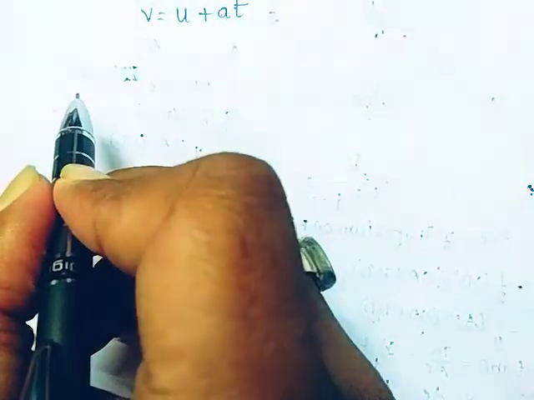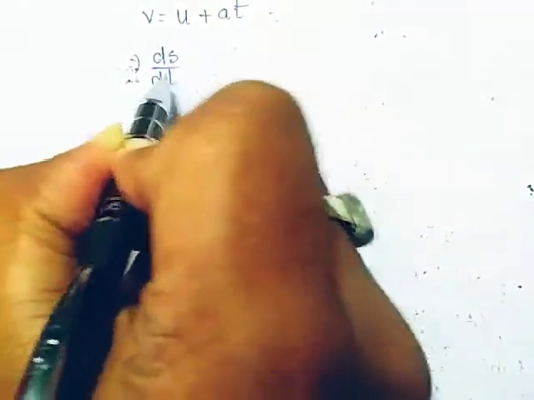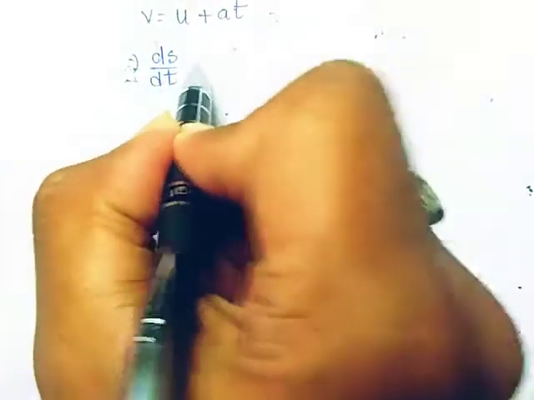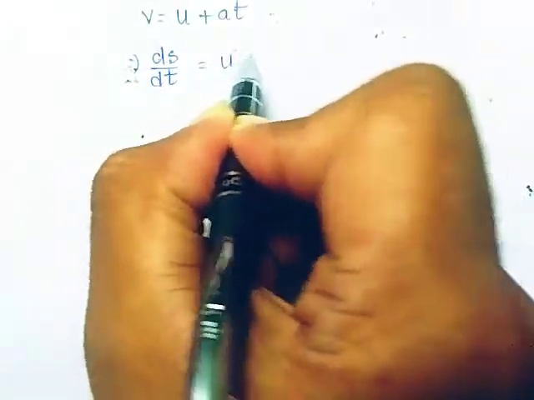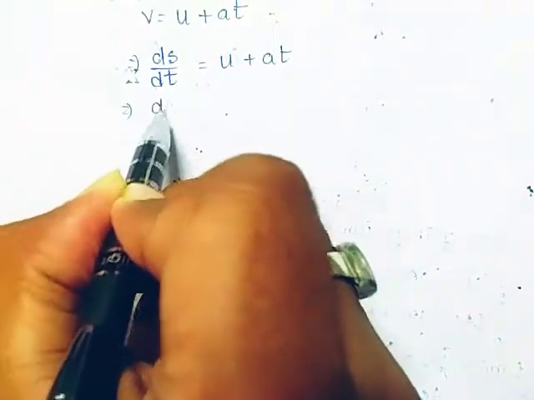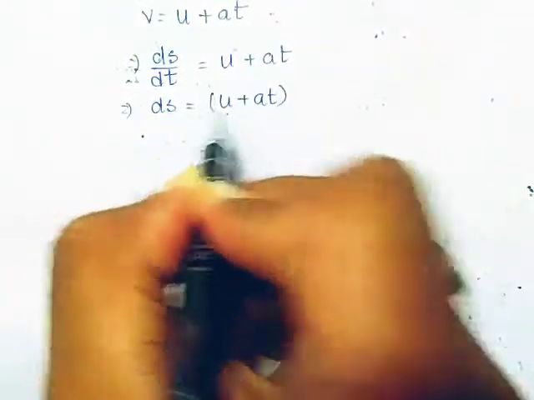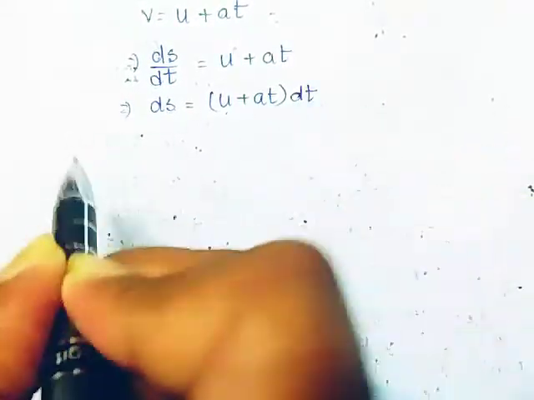What is v basically? v is nothing but ds by dt, the rate of change of displacement. So it is u plus a into t. So ds is equal to u plus at into dt.